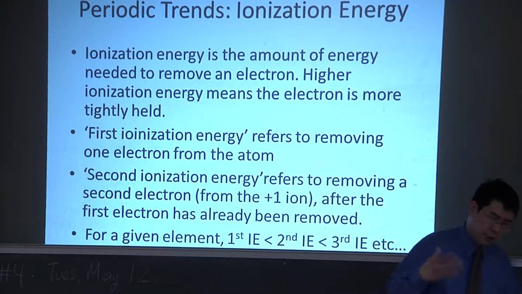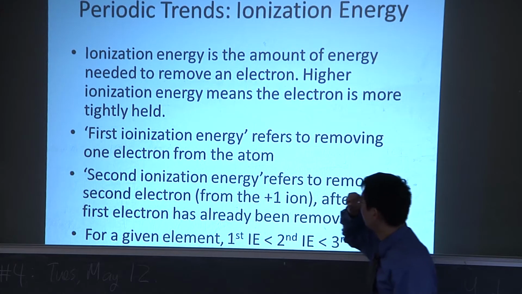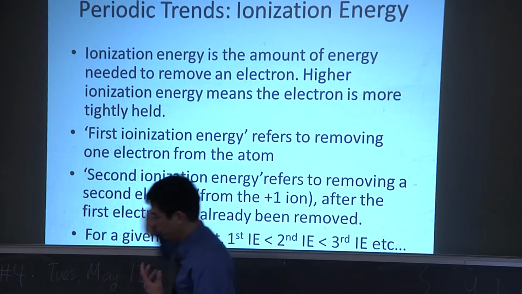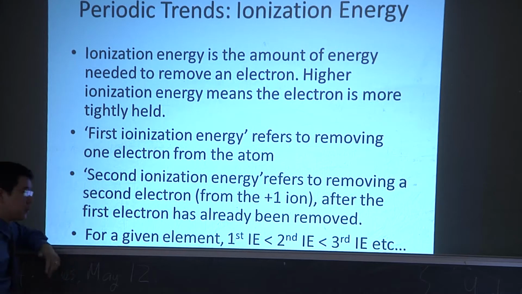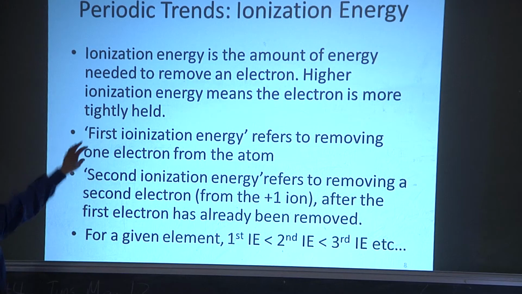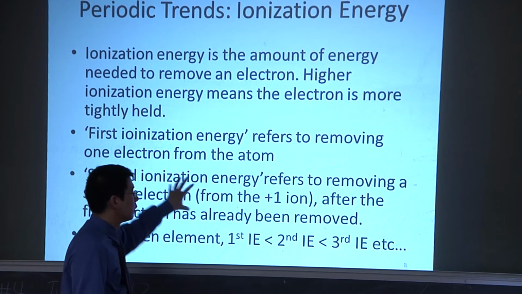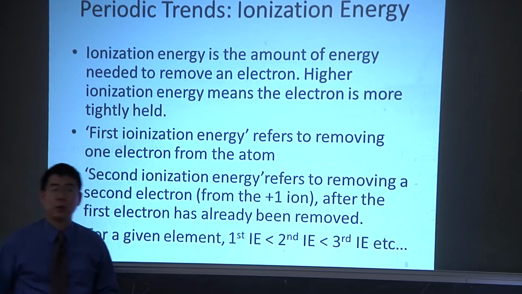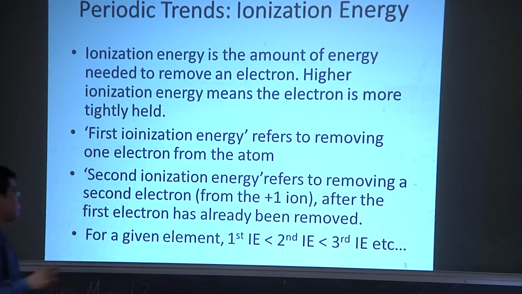So ionization energy is a general term that refers to any electron. We can talk about specific ionization energies. The first ionization energy refers to the energy it takes to take away one electron from the atom. The second refers to, once the first one is gone, how much energy it takes to remove the second one.